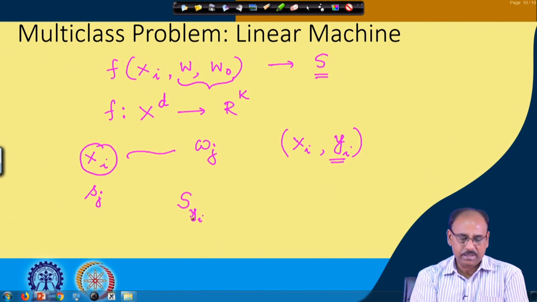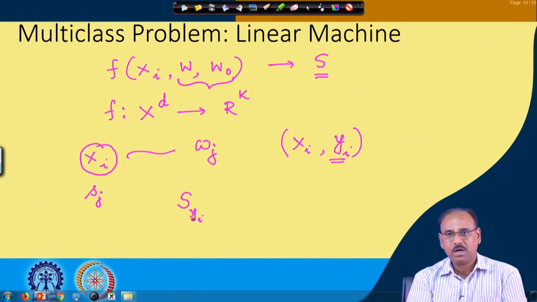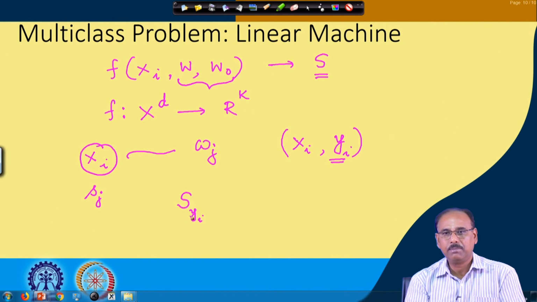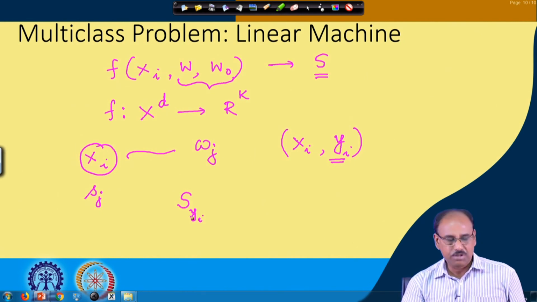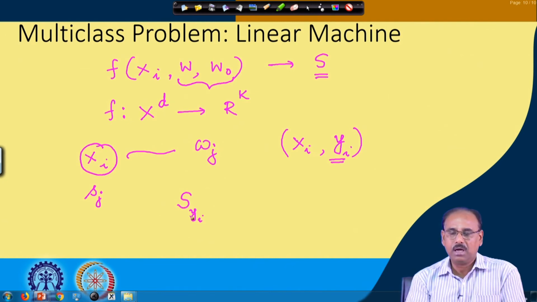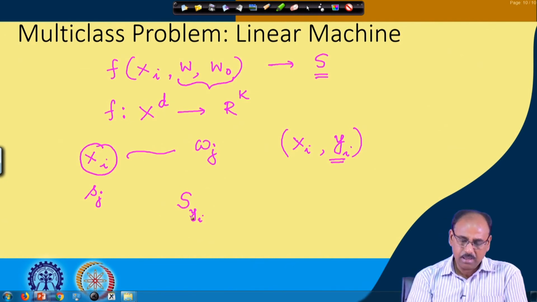And if it is not correct, then I have to go for correction or updation of the parameters of the linear machine, so that the error in the classification is minimized.